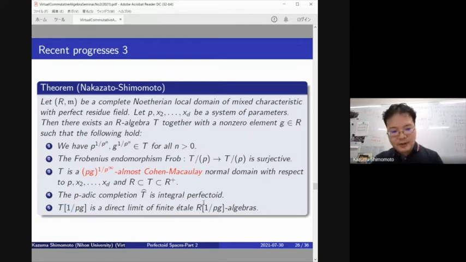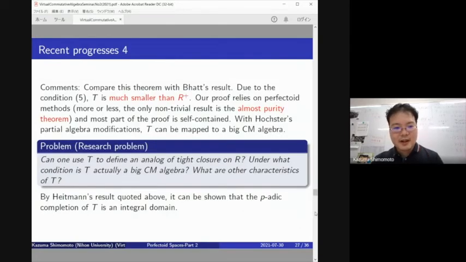So this makes T quite small. Let's compare this result with Bhatt's result. Because of condition 5, T is much smaller than R plus. So it's impossible that R plus is generically étale over R by inverting a single element.